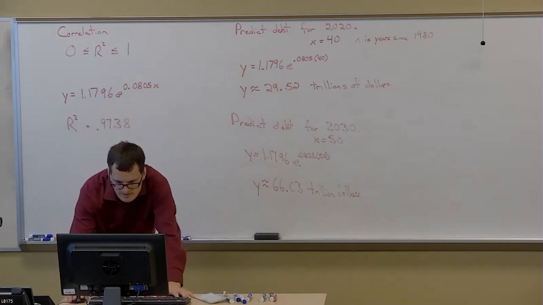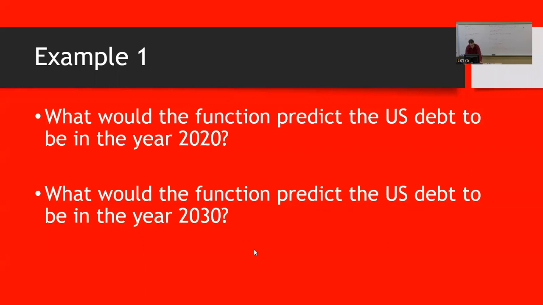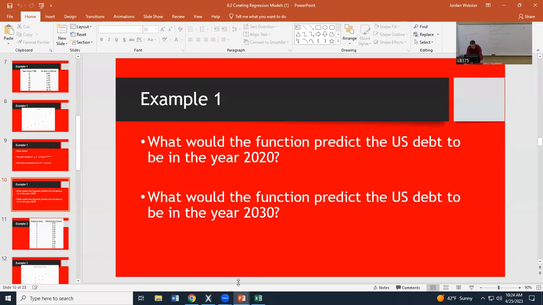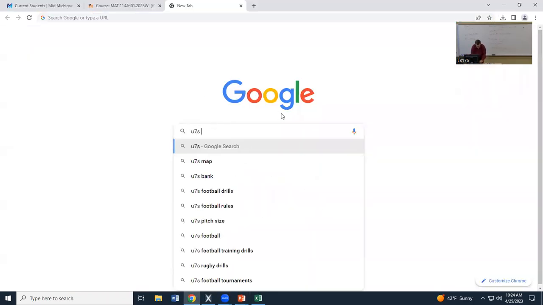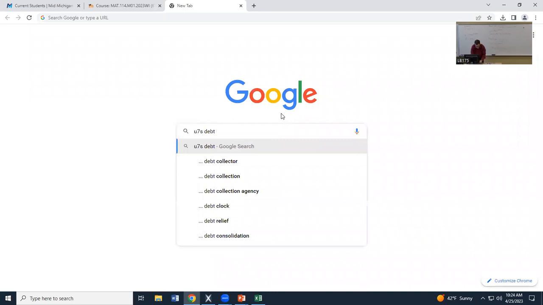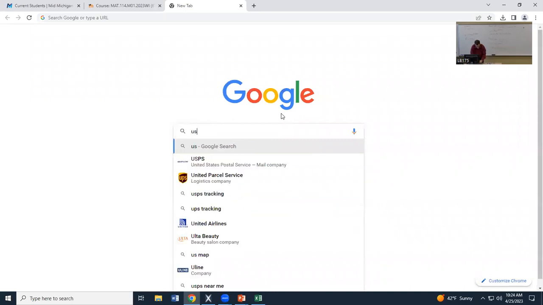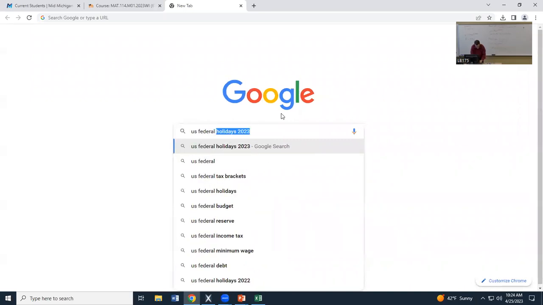In fact, let's see how well this model predicted the U.S. debt in 2020.